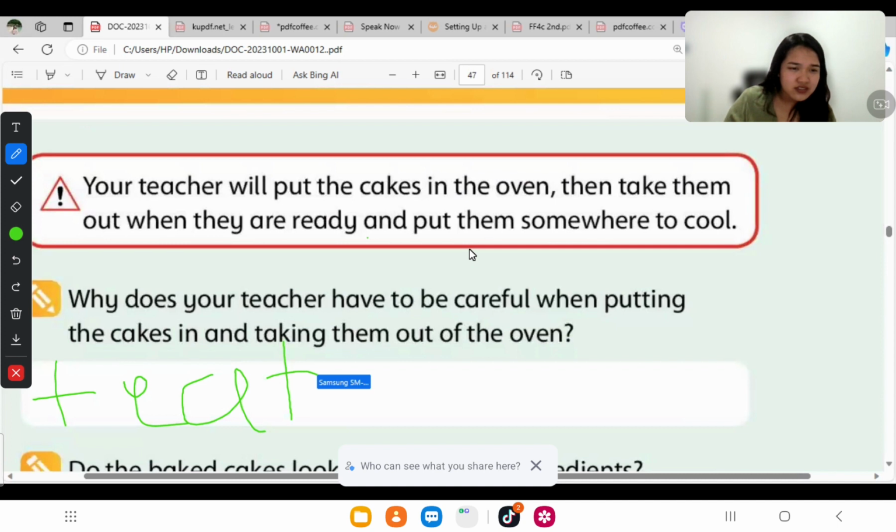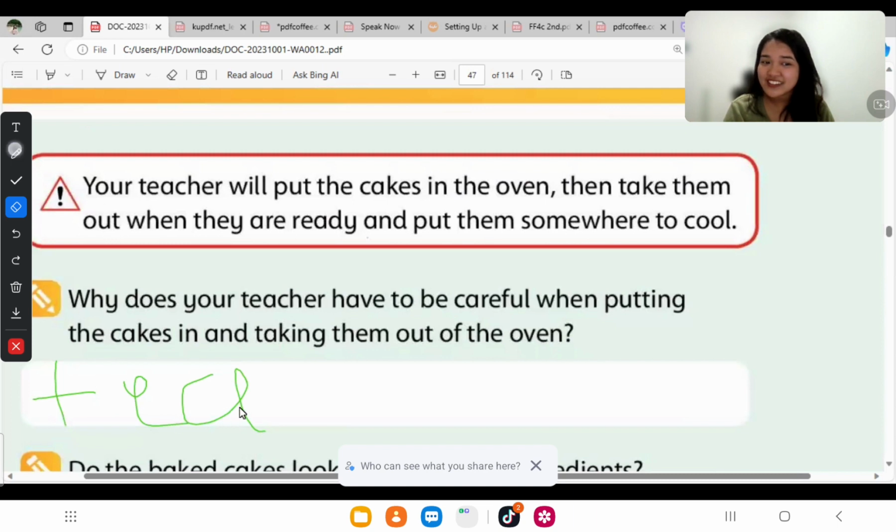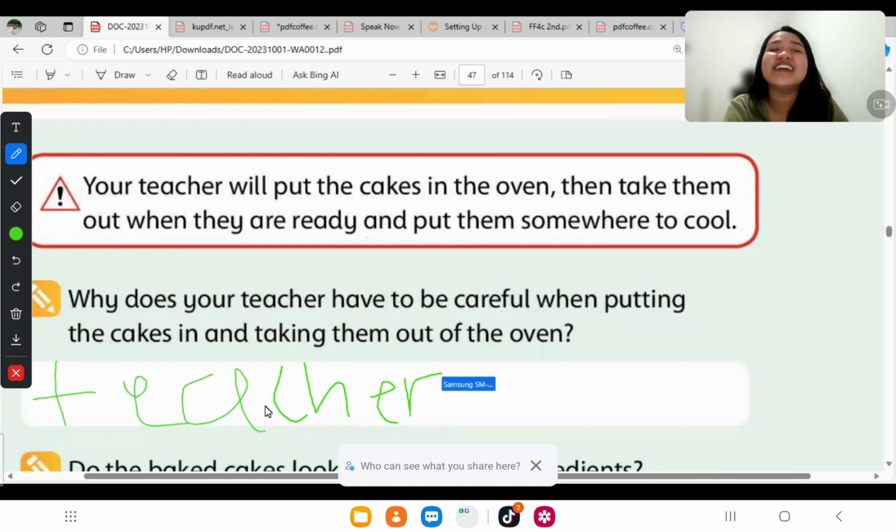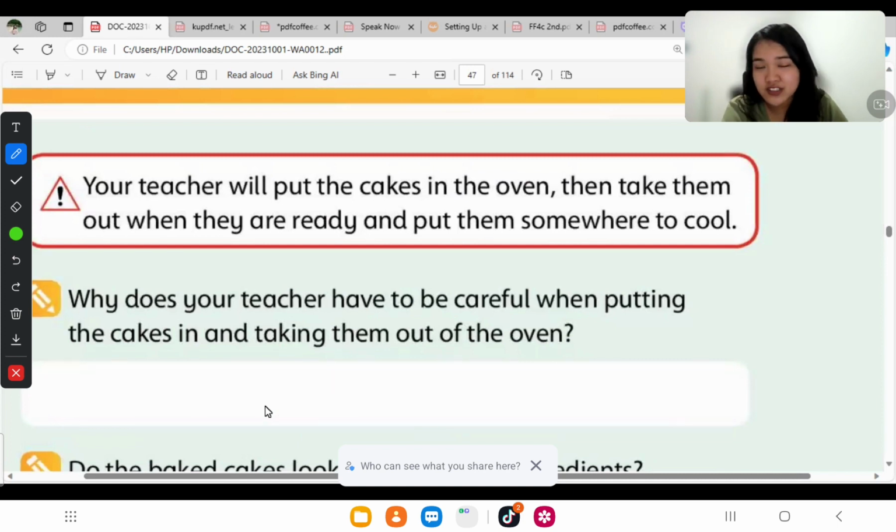Because it's hot. Very good, because it's hot. So I need to be careful to take them in or out, because the oven is hot. Very good.